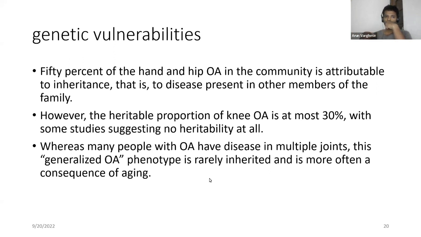That also we can consider. If family members had all these complaints, there is more tendency to develop it. There is an exception, knee osteoarthritis. It mostly comes from injuries rather than heredity. It is more injury predisposed.